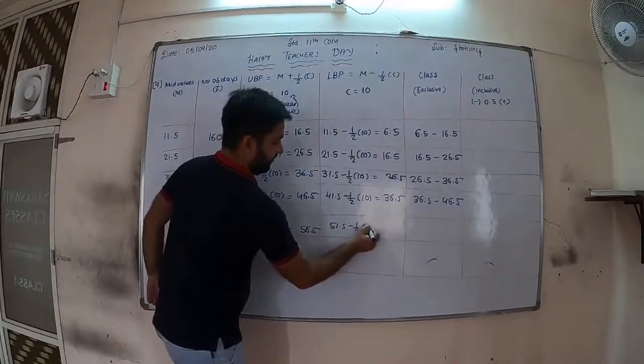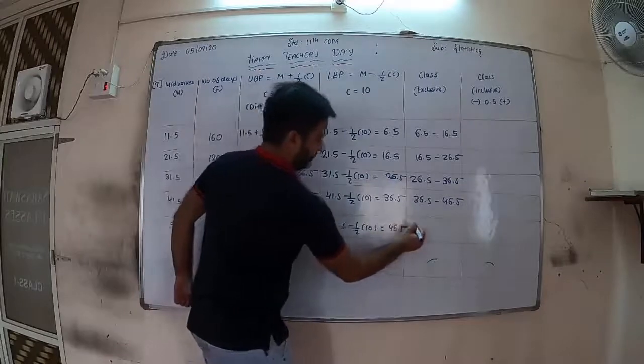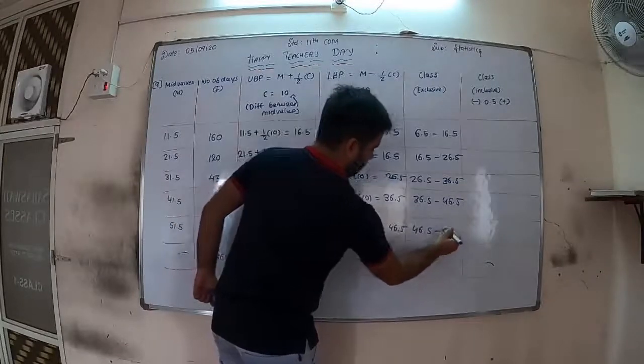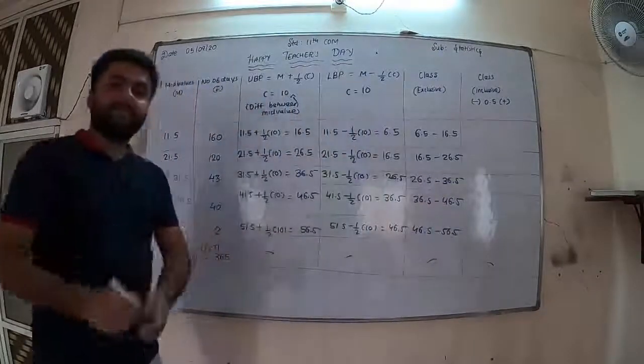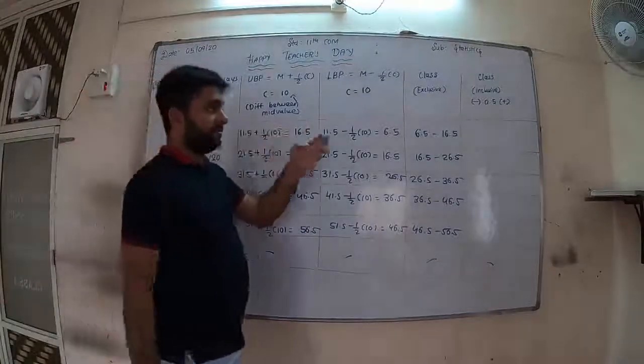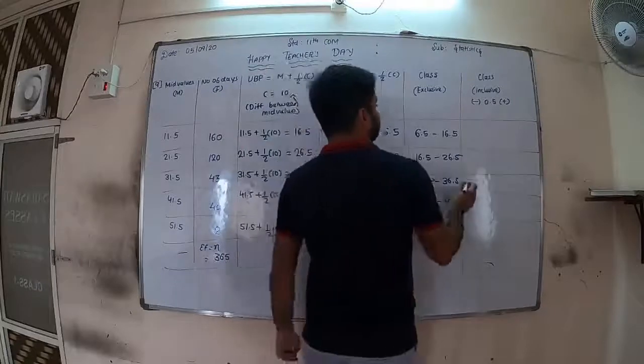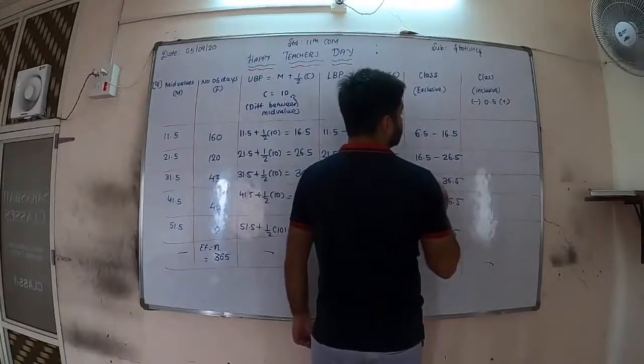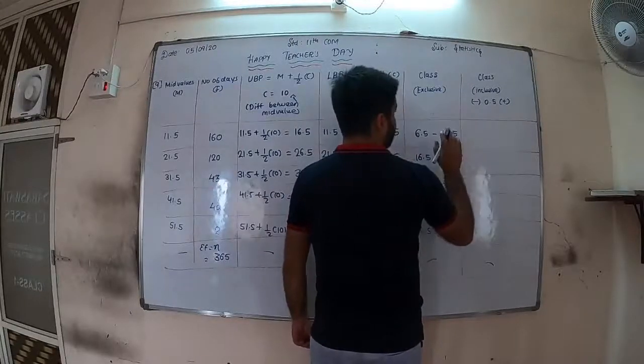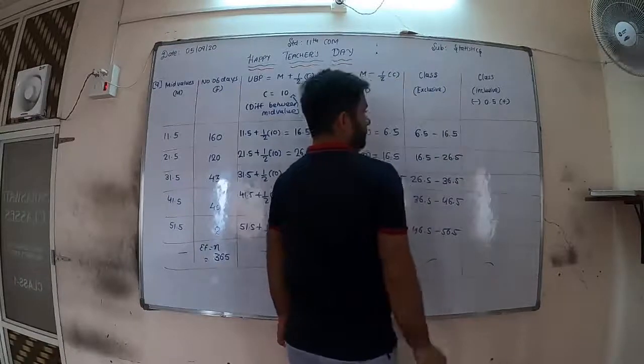Everywhere the difference is 10. Okay, this is ready. Now converting from exclusive to inclusive: subtract 0.5 from the lower limit and add 0.5 to the upper limit.